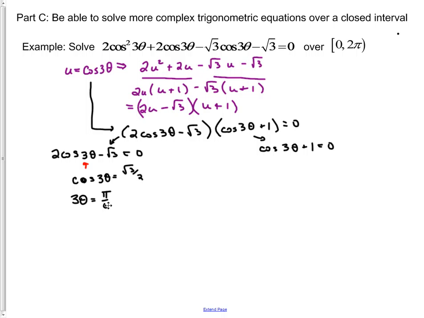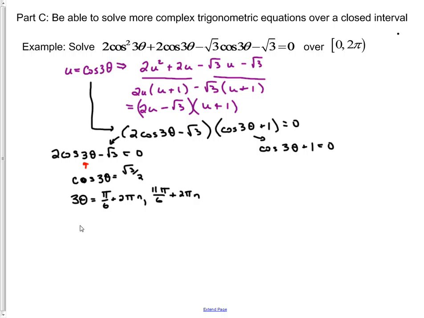And of course, anything coterminal with pi over 6, which is in the first quadrant, and then also in the fourth quadrant. In the fourth quadrant, that's 11 pi over 6 plus 2 pi n. Now, we could also say negative pi over 6, because that would also be in the fourth quadrant. But in this case, I'm keeping my basic answers between 0 and 2 pi.